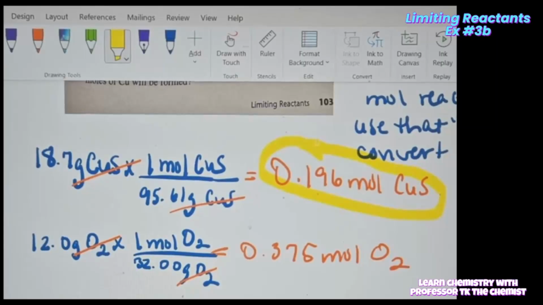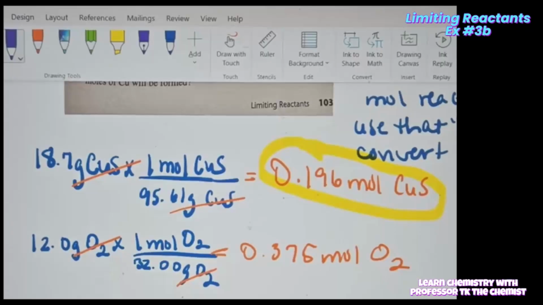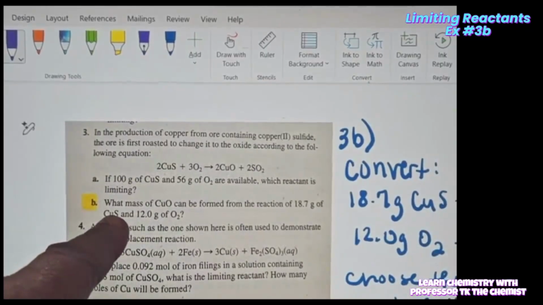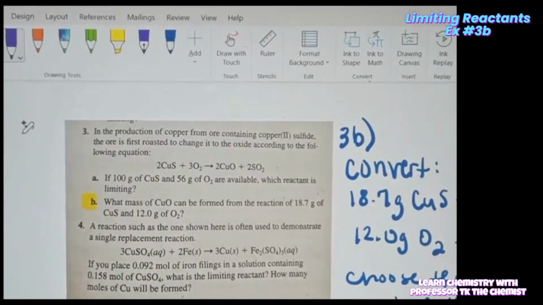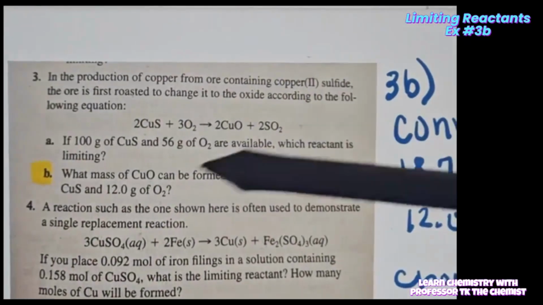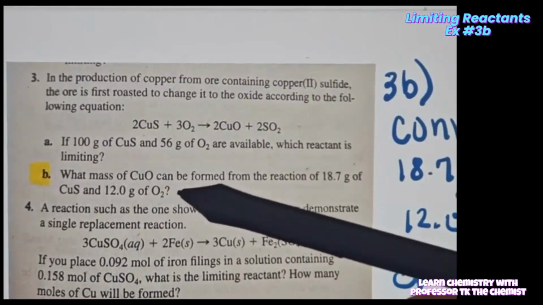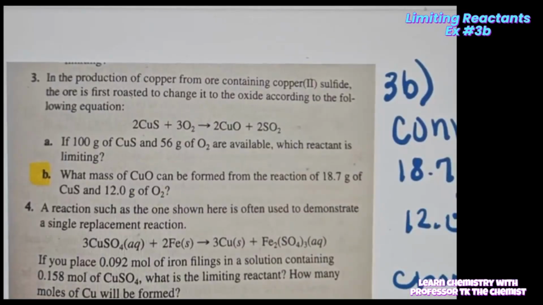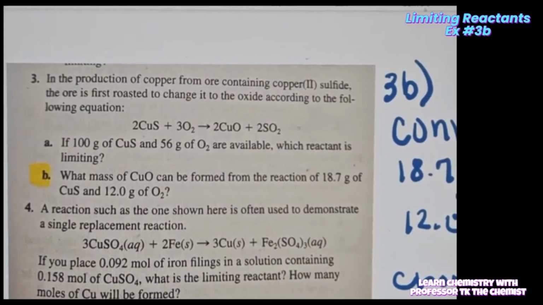Okay, now, since we know that the 0.196 moles of copper 2 sulfide is the limiting reactant, look at the question again, okay? Because I know we forgot what the question was asking us, right? It says, for part B, what mass of copper 2 oxide can be formed from one of these limiting reactants? So we do need our balanced equation, but here's the only thing that we do need.